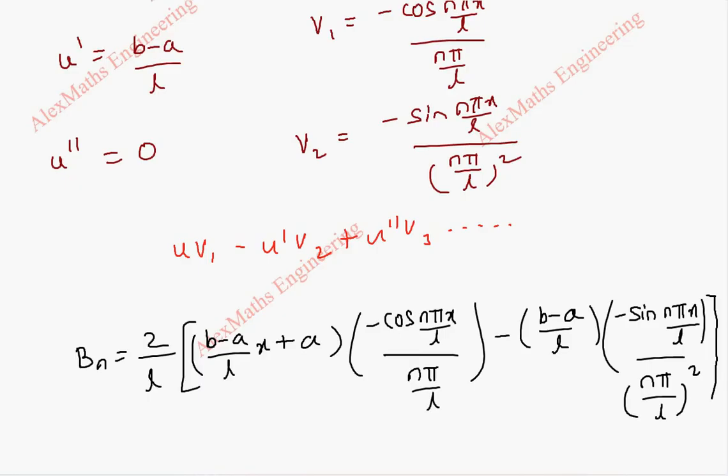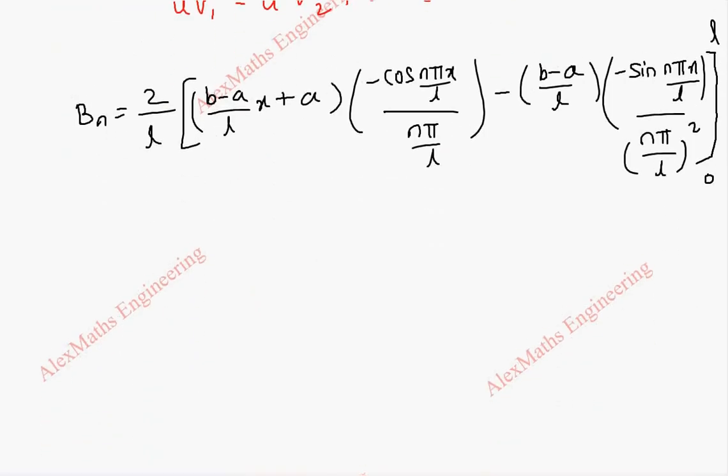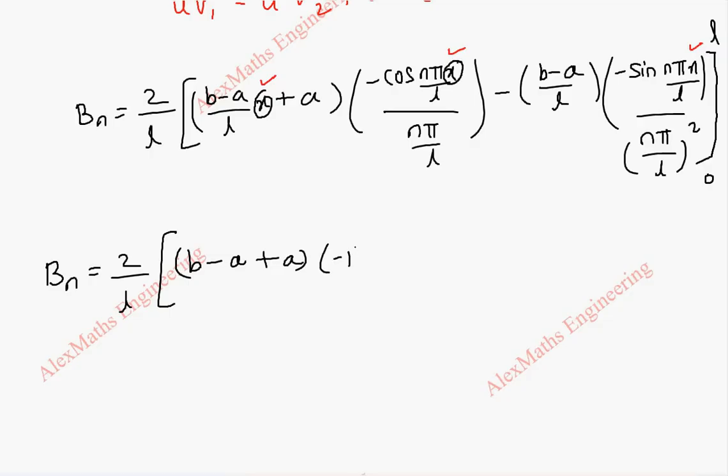Then we apply the limit from 0 to L. When we substitute the upper limit for x, everything becomes L. So Bn will be 2 by L, and after putting L here, the L's get cancelled. We have b minus a, then plus a. Then cos n pi is minus 1 whole power n, by n pi by L.